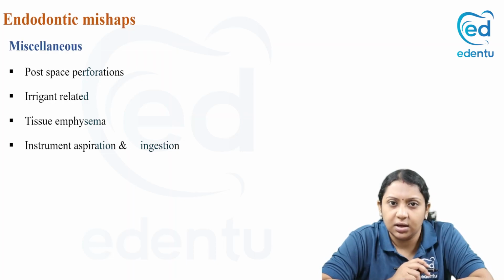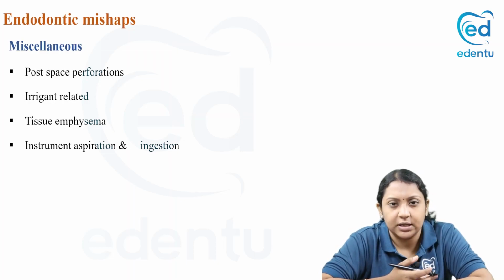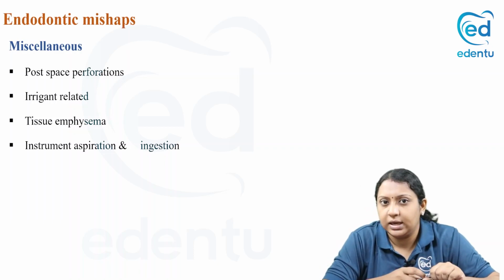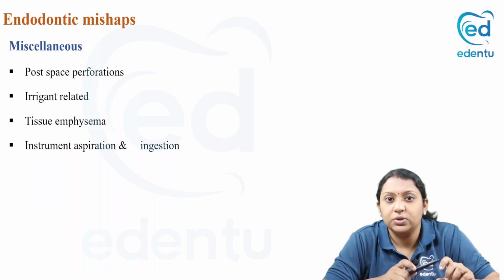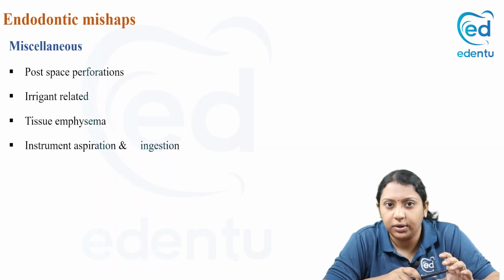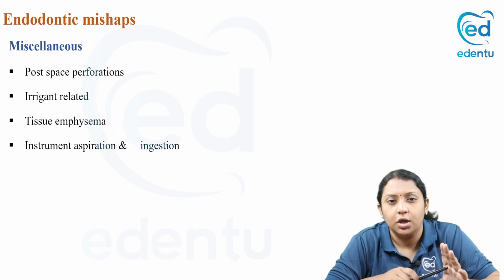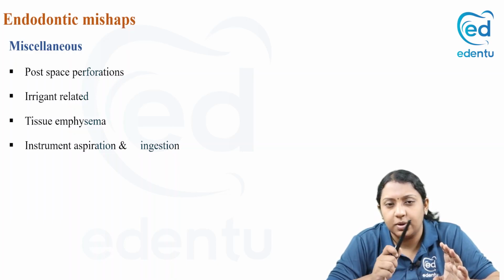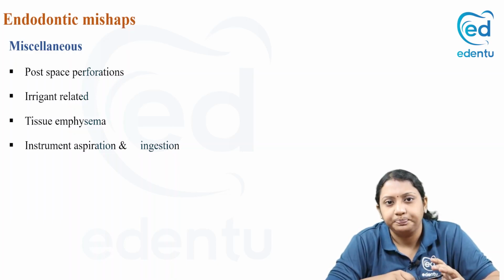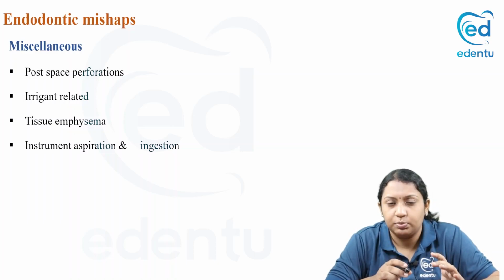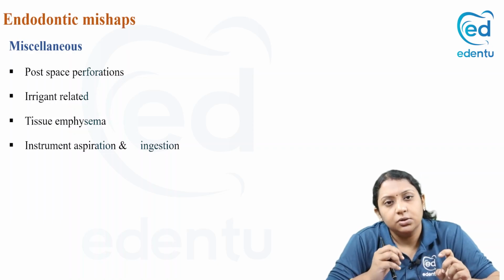Now there are other mishaps, that is post space perforation. When it is a grossly decayed tooth, we have to restore the tooth by doing a root canal treatment and a prosthetic rehabilitation. So for prosthetic crown placement, we have to place a post. To prepare the post space, we use Peeso reamers.